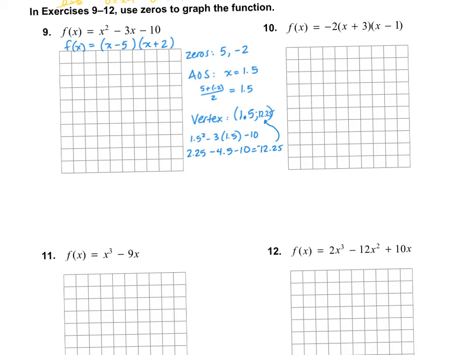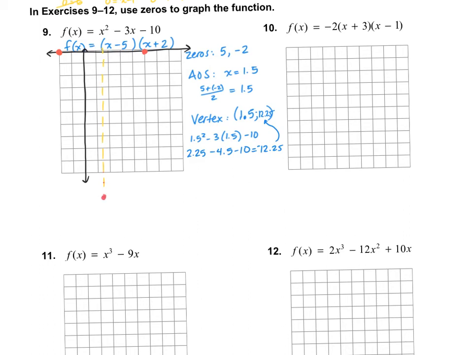Okay, now I'm ready to graph. All right, I set up my graph. I've gone ahead and drawn my zeros in. Now my axis of symmetry, which is at positive 1.5 right there. This graph only goes to 10, so I'm going to have to go a little bit below it in order to get my negative 12.25. So there's negative 10, 11, 12, and a little bit.